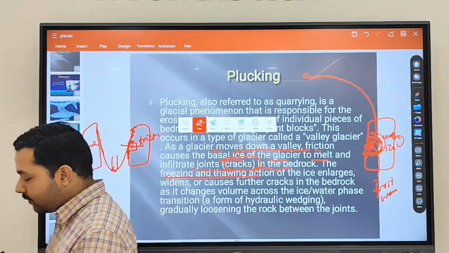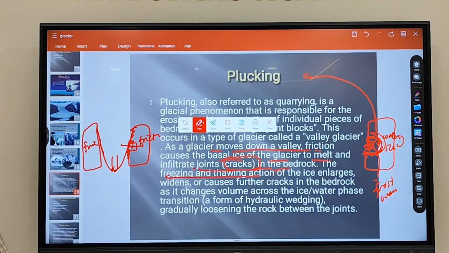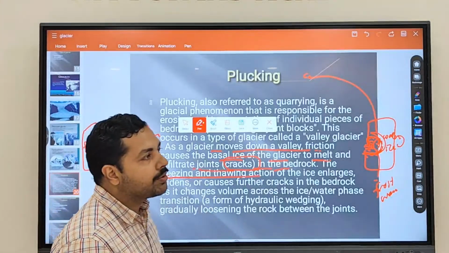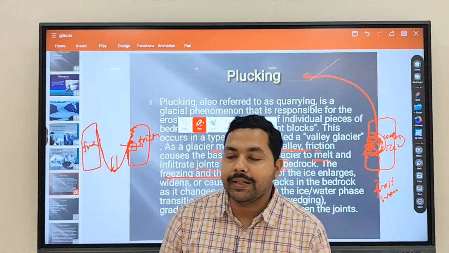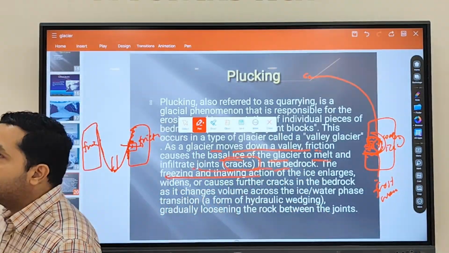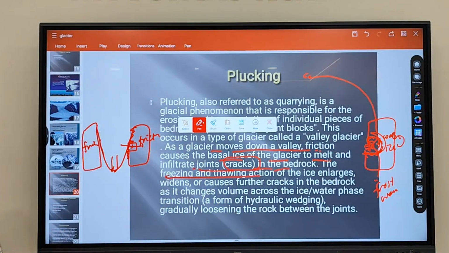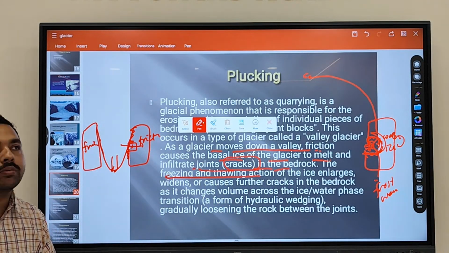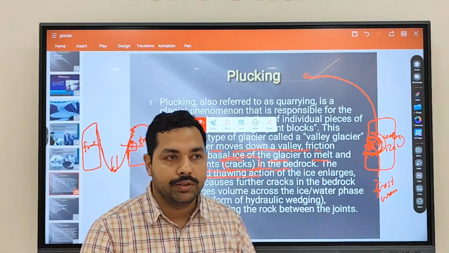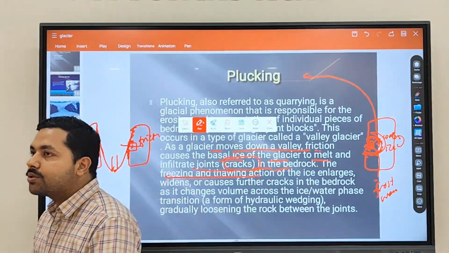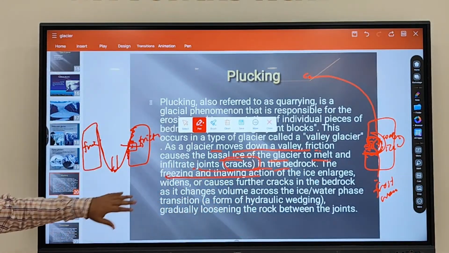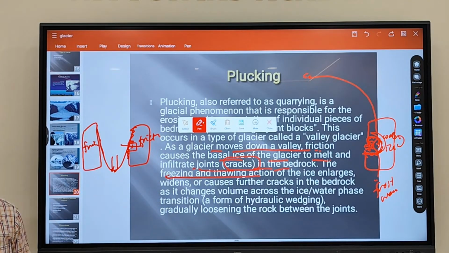Corrosion is dominating, whether vertical corrosion or horizontal corrosion. Here, what is dominating? Plucking is dominating. So if a question comes, which is the most dominant phenomenon? Plucking is the most dominant phenomenon in which type of erosion? Glacial erosion. Clear? So in glacial erosion, you will find this particular phenomenon which is called plucking.